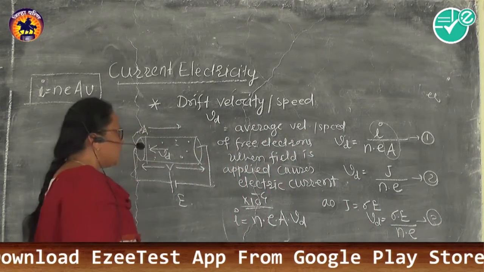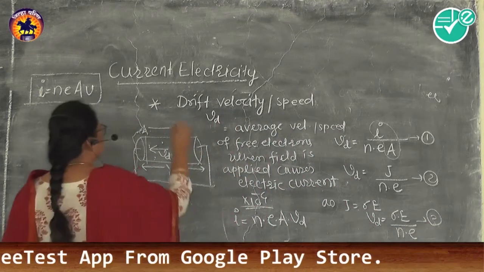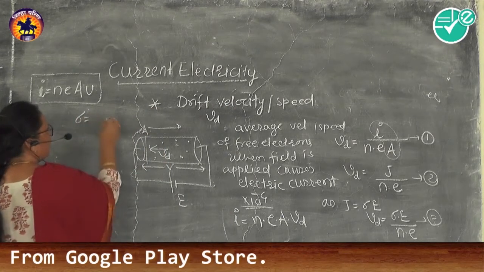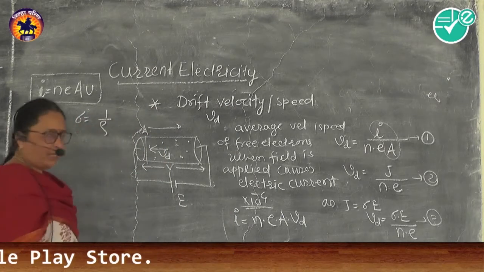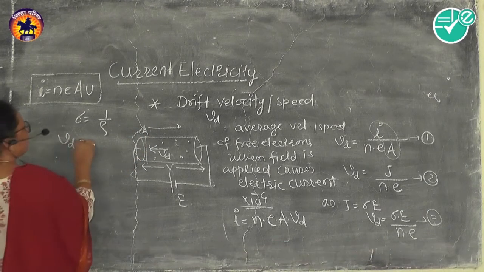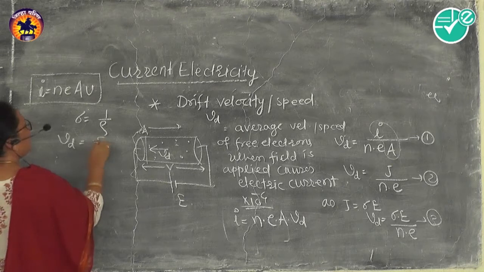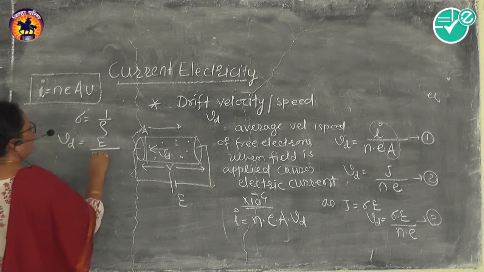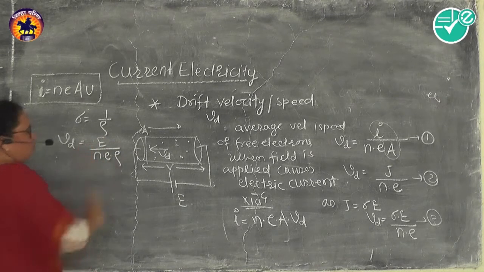But we know that sigma is nothing but the reciprocal of resistivity, so another formula you will get for drift speed is Vd is equal to E divided by N E into rho.